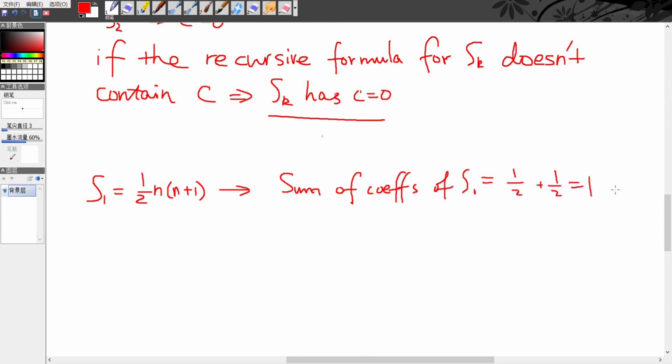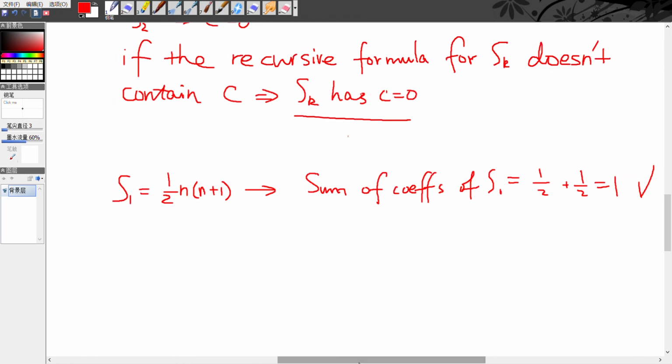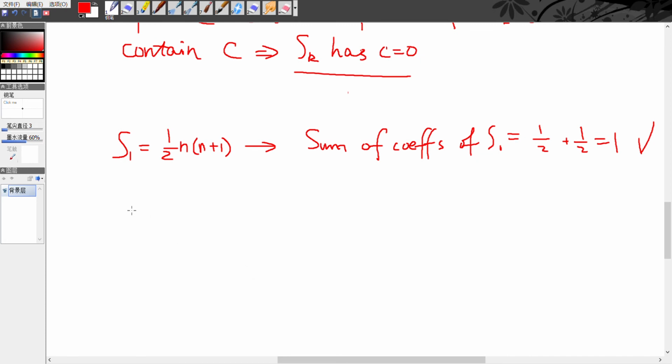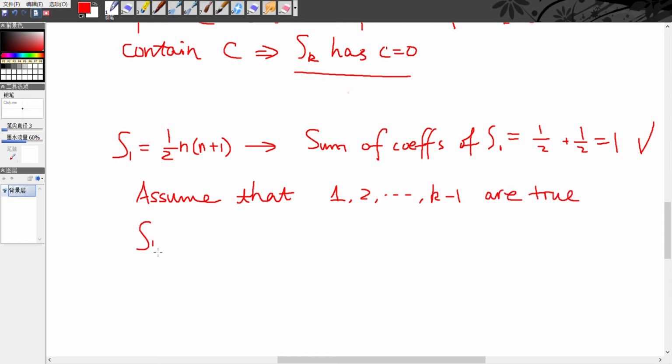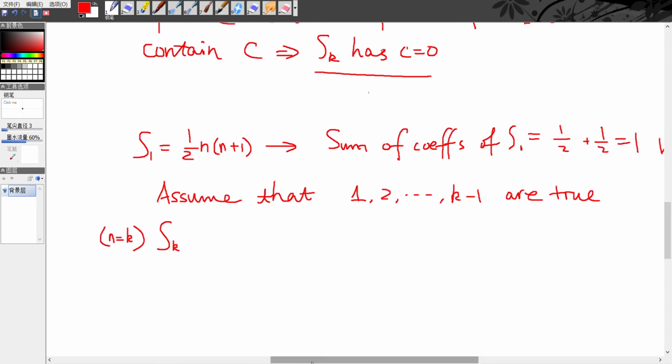And for the inductive hypothesis, we need to assume that cases 1, 2, all the way to k minus 1 are true, and prove for s_k, which is the n equals k case.